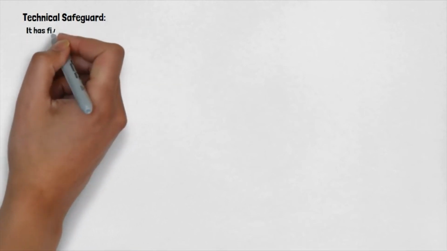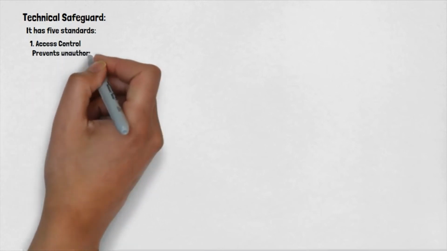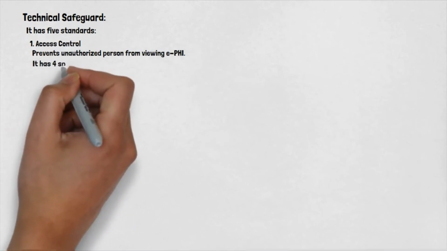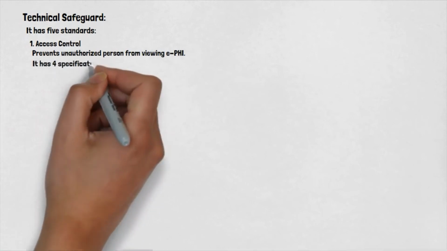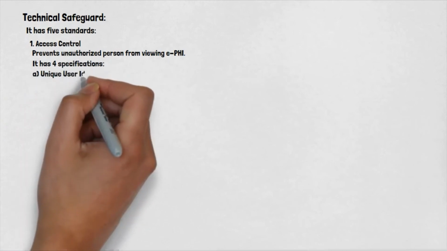Now coming to technical safeguards. It has 5 standards. The first one is access control, which prevents unauthorized persons from viewing ePHI. It has 4 specifications.